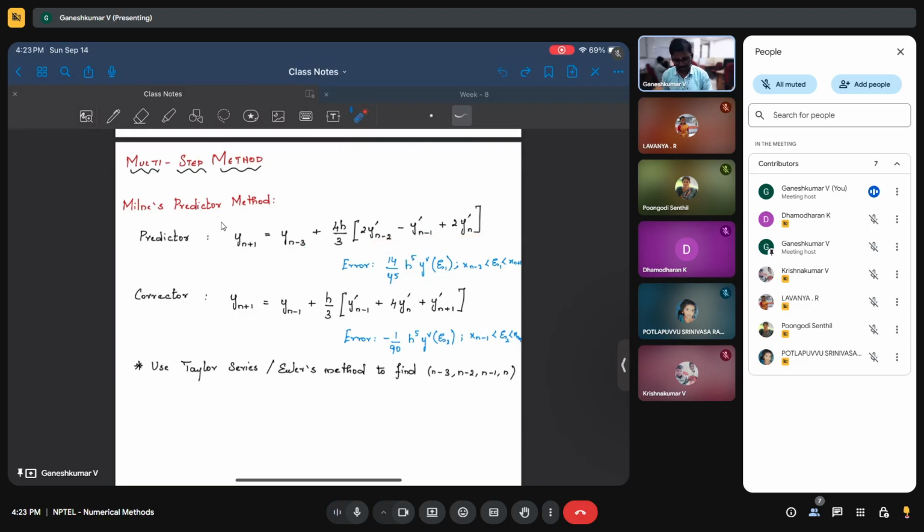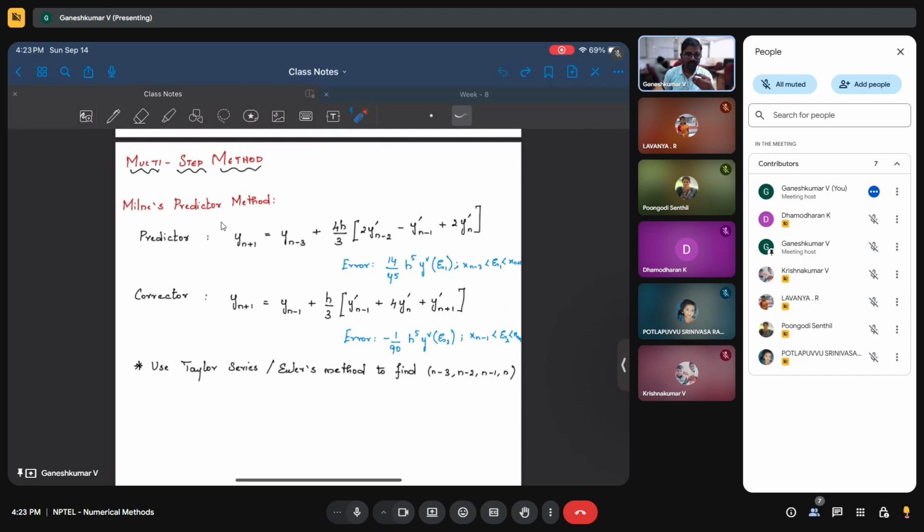This is also a predictor corrector method, Milne's predictor corrector method, where the predictor formula is this, and the corrector formula is this, with the associated error terms. These all have starting problems.